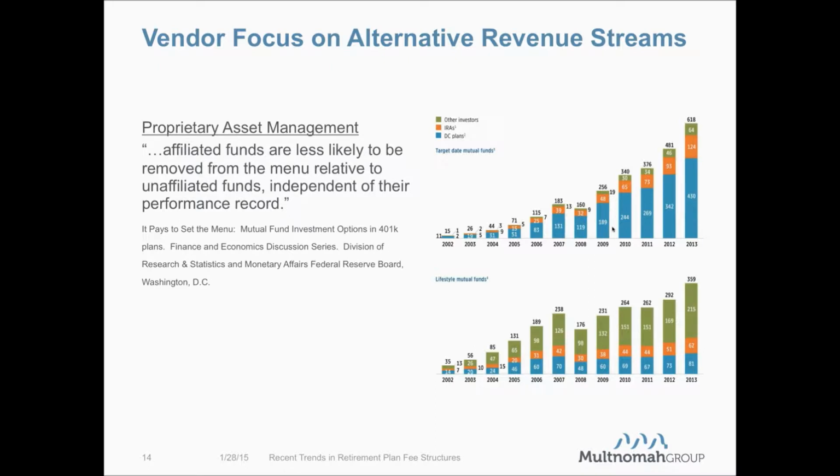So on focusing on the alternative revenue streams, maybe one of the biggest is proprietary asset management. It is unmistakable, the Department of Labor is very worried about it, that there is a high correlation between the utilization of target date funds and their being related to the record-keeping service provider. You can look in the upper chart there. That's the growth of target date mutual funds from 2002 to 2013. Depending on who you ask, this may be the largest asset class, already is in some plans, but could overwhelmingly be the largest asset class across all defined contribution marketplaces in the next 5 years based on heavy utilization.